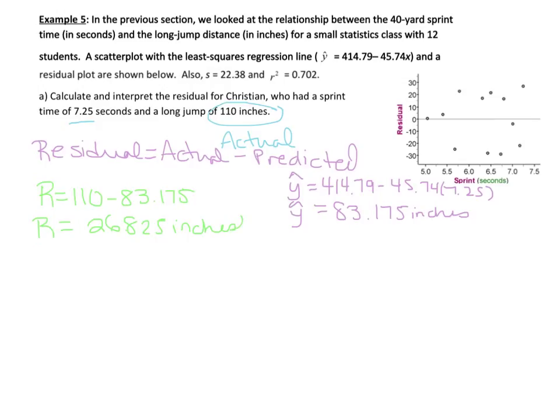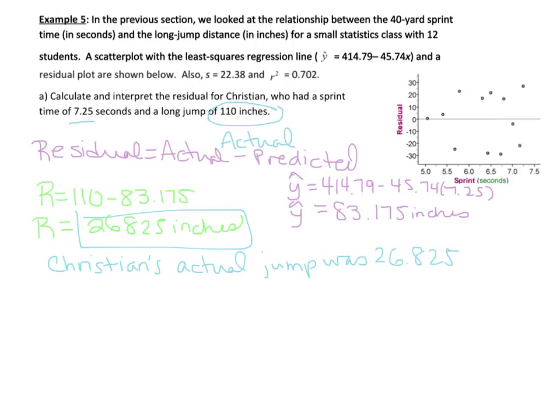So this means, if we interpret it, that Christian's actual jump was 26.85 inches more than predicted.